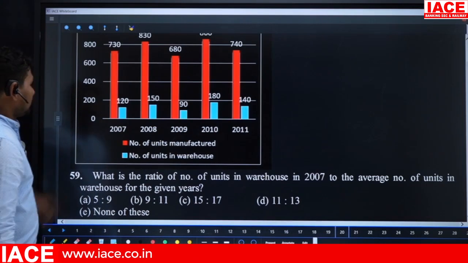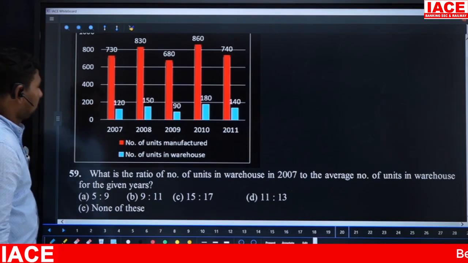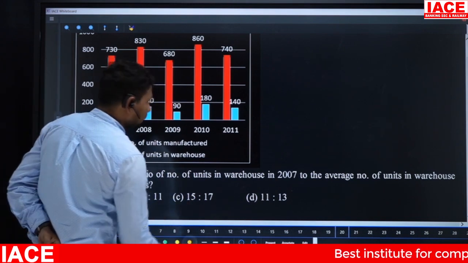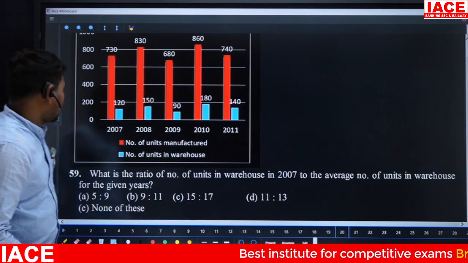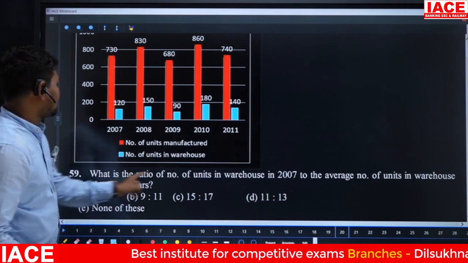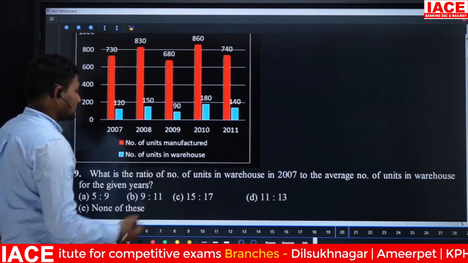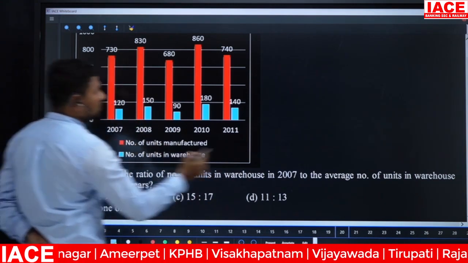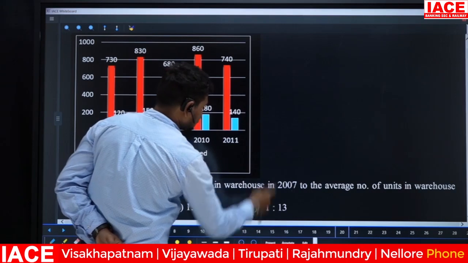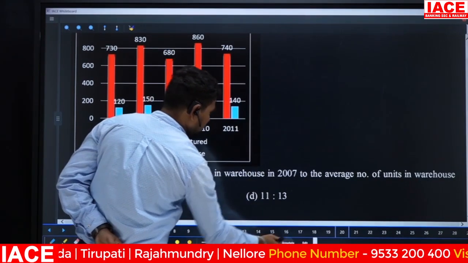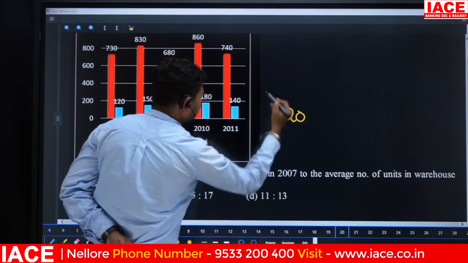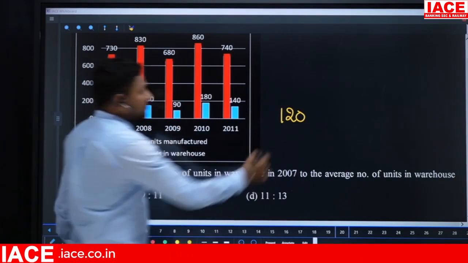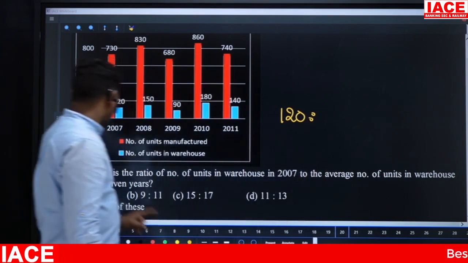And next here, what is the ratio of the number of units in the warehouse in 2007 to the average number of units in the warehouse for the given years? So the warehouse 2007 value is what? 120. The average of the number of units in the warehouse for the given years.